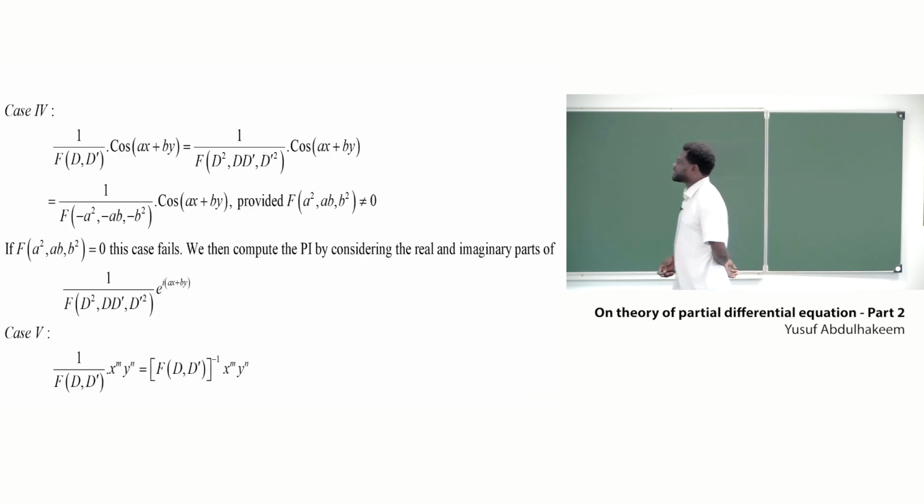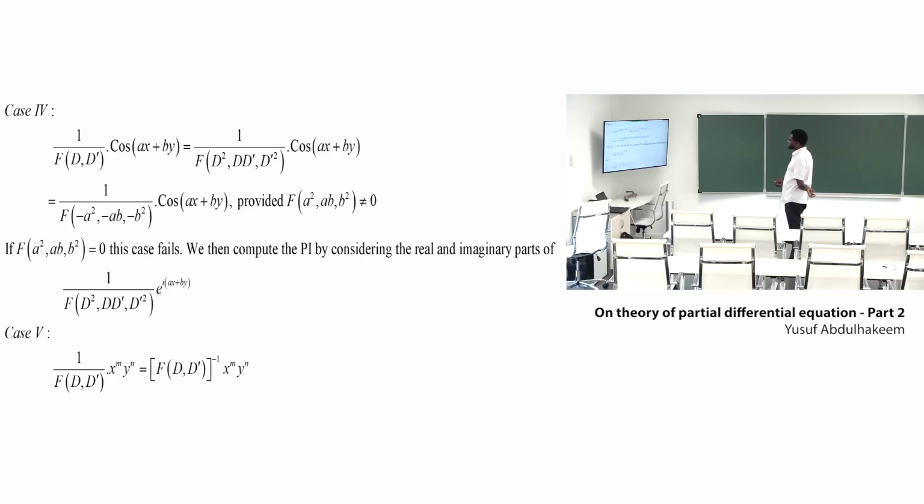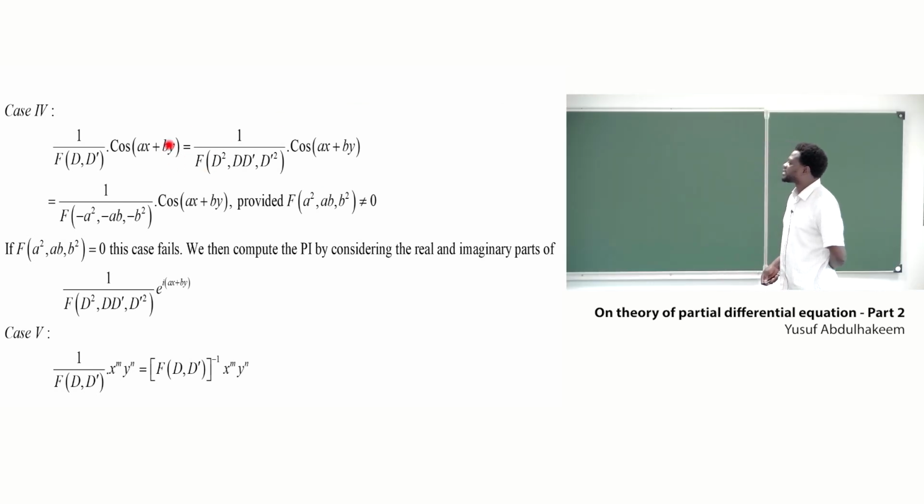Then we have the fourth case. This is when we have our f of x to be cos ax plus by, which is equal to 1 all over f of d square comma d prime square. You know, this is more like a double quadratic. That is, in this place, it is second order along x, and it is also second order along y.